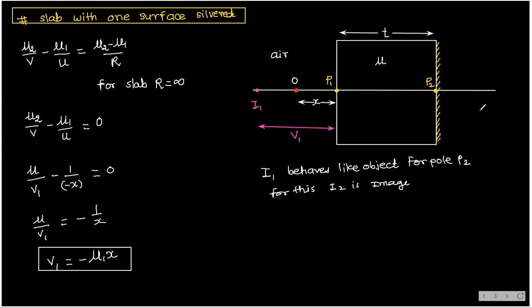So where is I2? Somewhere here I am getting this image. This is I2, because of this I1. Now let's find out this.